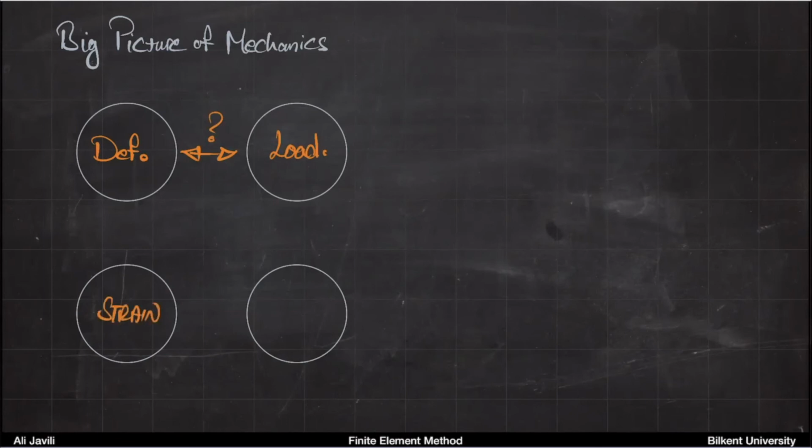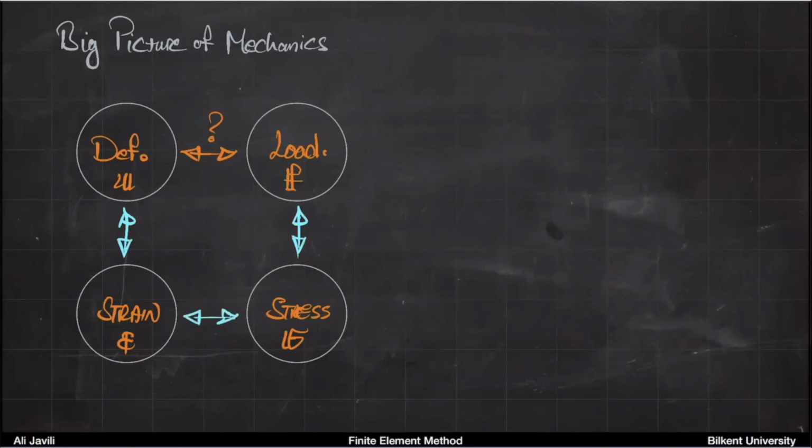So let's say deformation is U, the loading is something like F, or force, if it's a mechanical problem. Strain is something like epsilon, and then you would have stress, which would be sigma. And then we realized there is no direct connection between the two. The only way to connect loading and deformation is to go through this process.